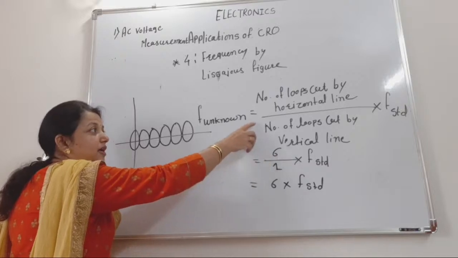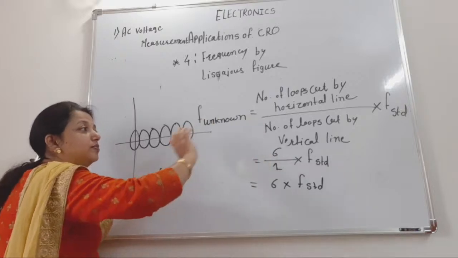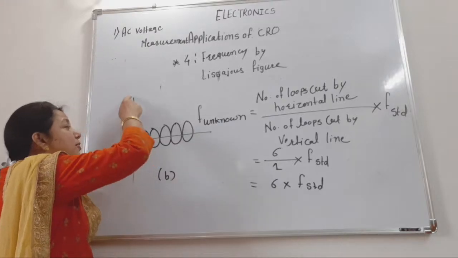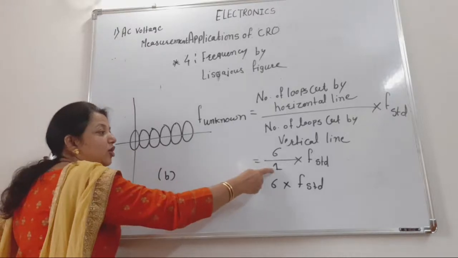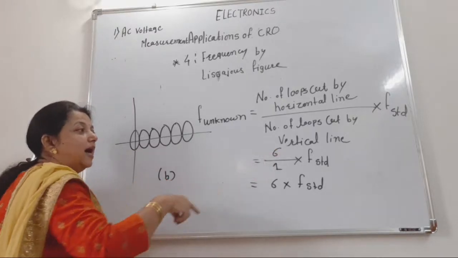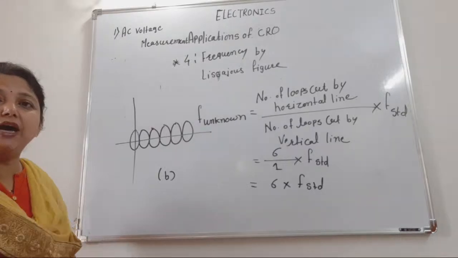And what is the denominator of our formula? The number of loops cut by the vertical line. So how many loops are cut by the vertical line? One single loop. So I write 1 in the denominator and multiply by f standard. What do you understand by f standard?